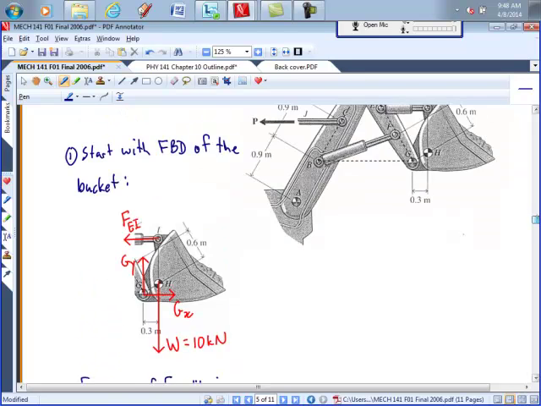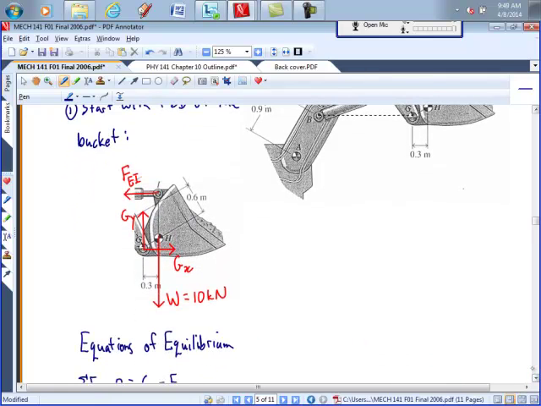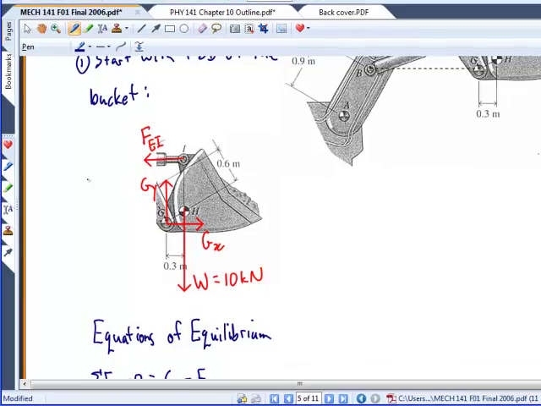We do have to look at the original diagram, because this is straight across from here, which means this is 0.6 or 0.6, so that's 1.2 up, and that's 30 degrees from vertical. So what we have is a triangle here.